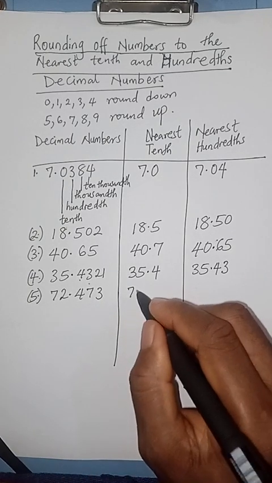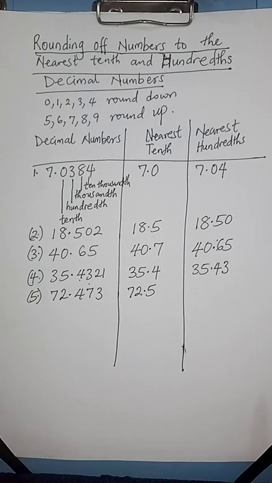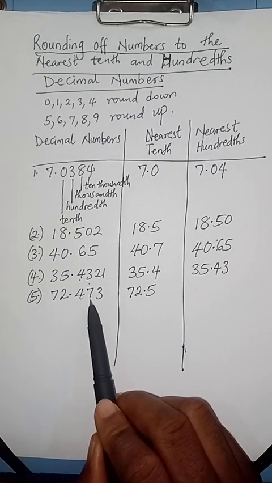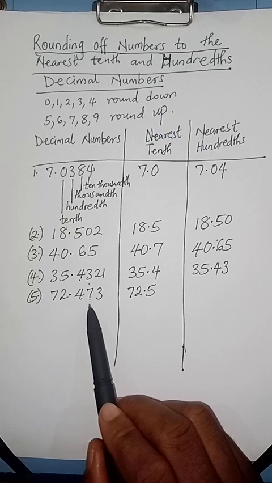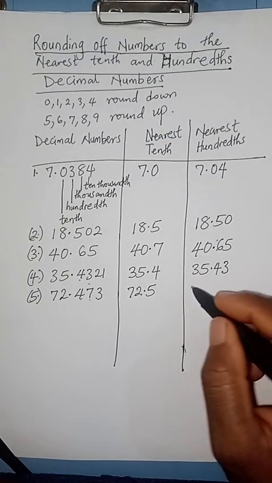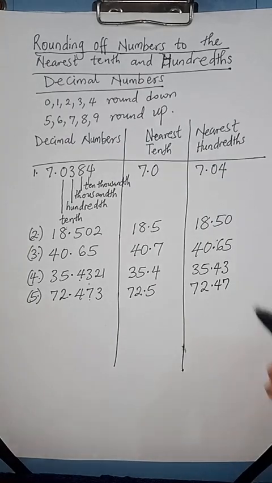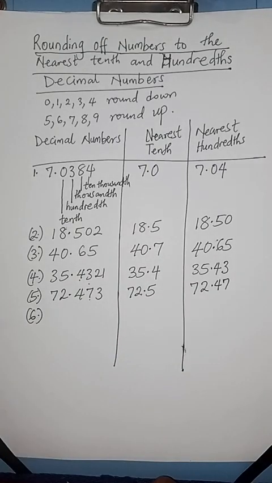So my answer becomes 72.5. To the nearest hundredth, this is my hundredth. Tenth, hundredth. Now check the digit after the hundredth. It's 3, which means I'm rounding down. So my answer will become 72.47. Let's try out number 6.